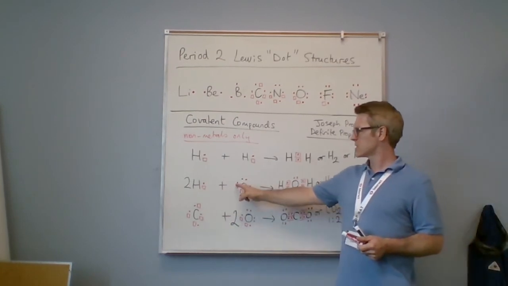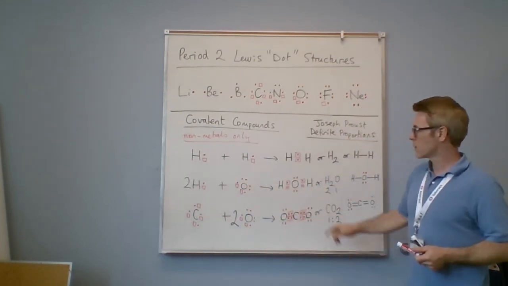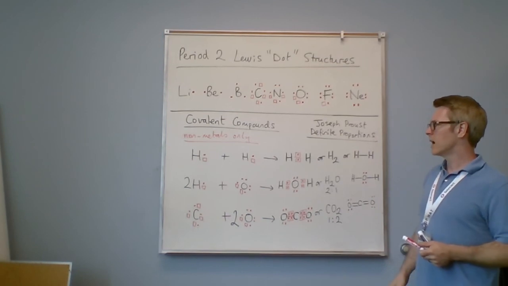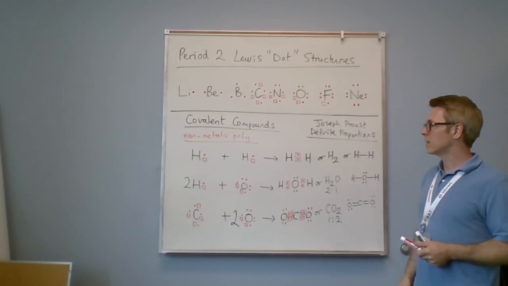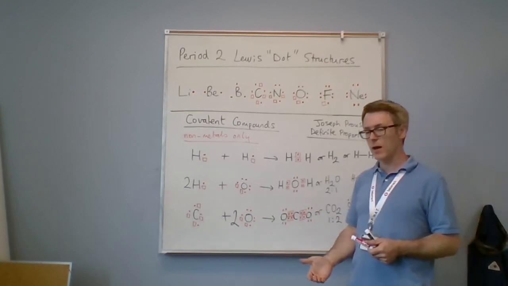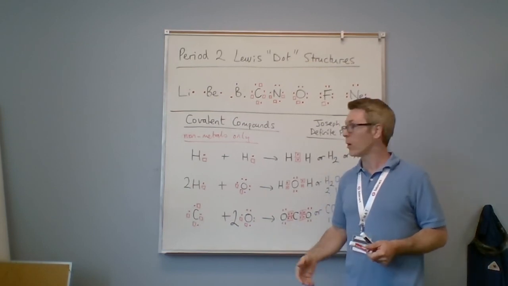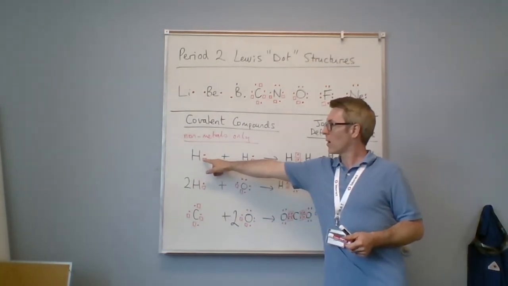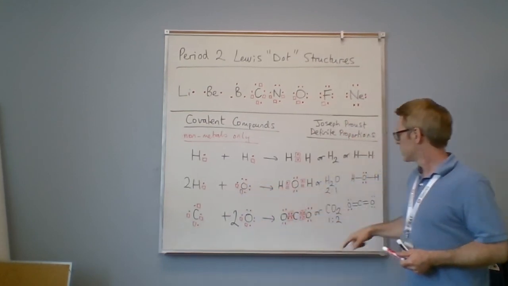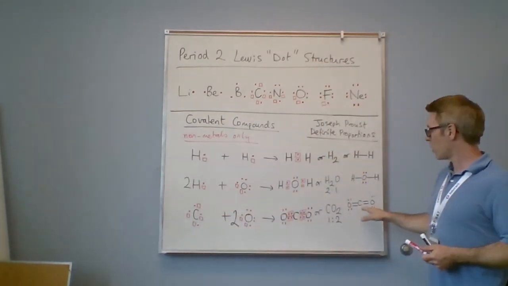Oxygen has 2 boxes in this case, so it forms 2 bonds: 1, 2. So again, to repeat, and probably more consistently, for every box that you have, not necessarily dot, that's how many bonds you form. So 1 box, 1 bond. 2 boxes, 2 bonds. 4 boxes, 4 bonds.